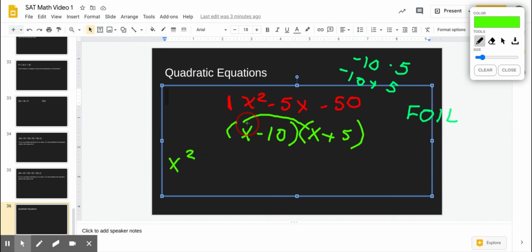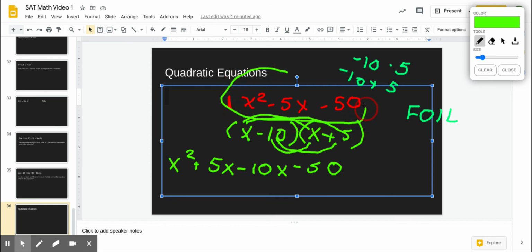Then the outside term, x times 5, gives us 5x. The inside term, negative 10 times x, is negative 10x. And then negative 10 times 5 is negative 50. If you combine the like terms, you'll get this answer.